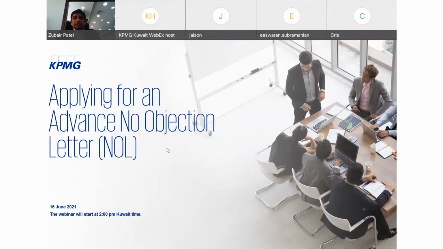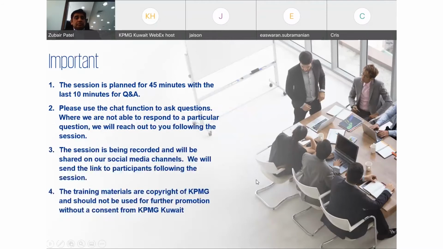It remains a very pertinent area of discussion: applying for an advance no objection letter, particularly related to the release of retention, which is one of the most important parts of the tax compliance process.